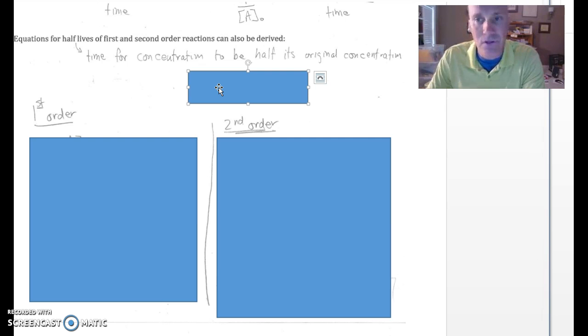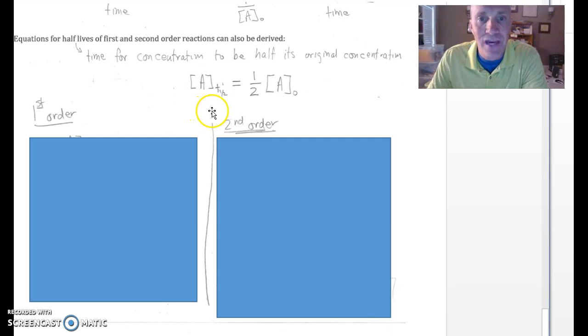The way that we're going to mathematically define what a half-life is: remember, normally we say the concentration of A at time t, where t is the time. The half-life is the time where the concentration is half of what it originally was.